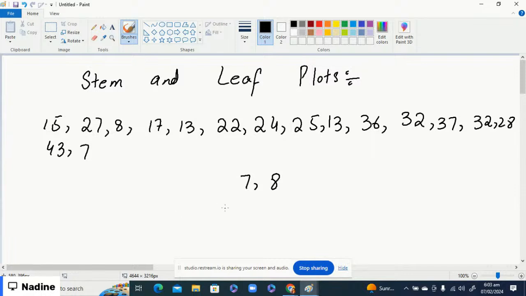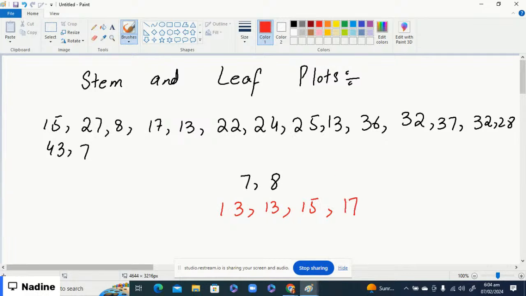Now for the 1, let's write all the numbers in the tens of 1. How many are there? That is 13, 13, then 15, then 17. That's it.